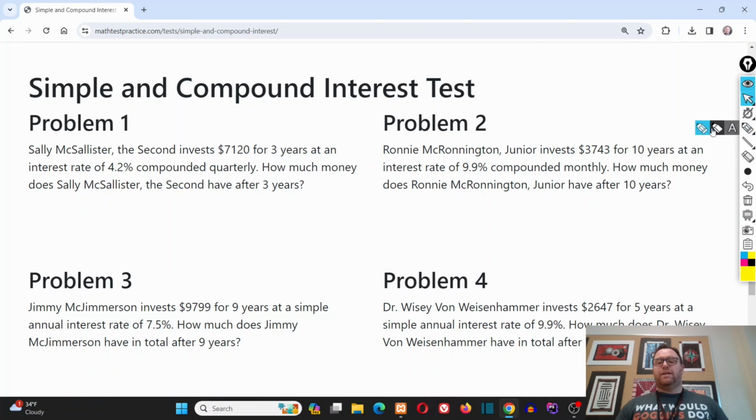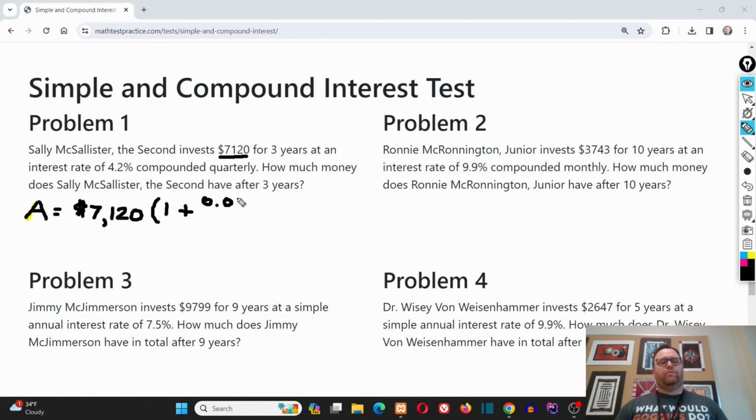So we're going to use the compound interest formula, which is: the amount is going to be equal to the principal. Principal in this case is $7,120 times 1 plus the interest rate as a decimal, so 0.042.